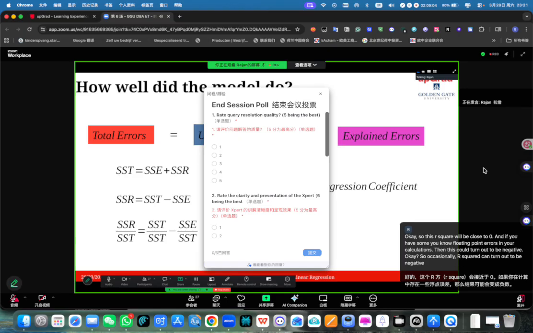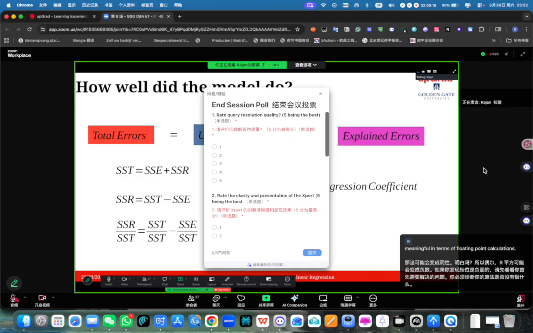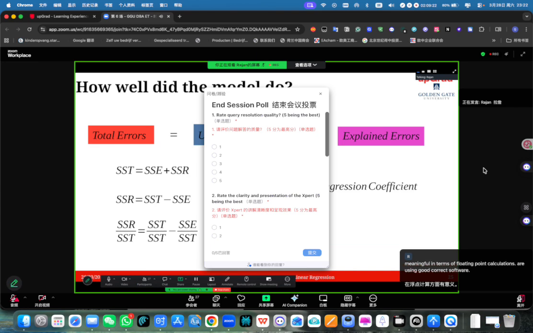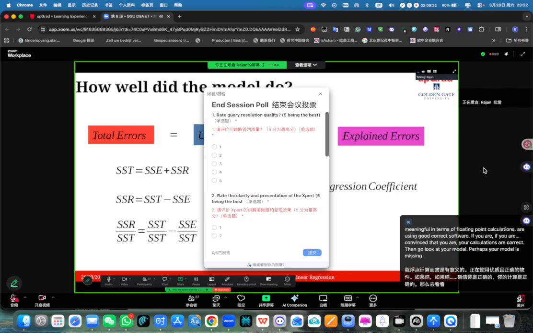If you get R squared to be negative, the first thing you have to do is diagnose whether your algorithm is doing something meaningful in terms of floating point calculations, or using good correct software. If you are convinced that your calculations are correct, then go look at your model. Perhaps your model is missing some variables. That's usually the case.